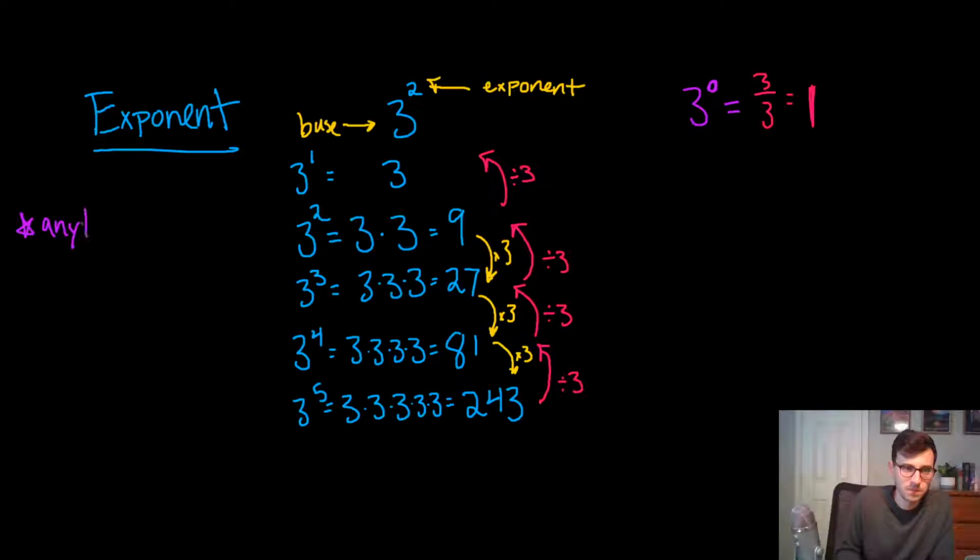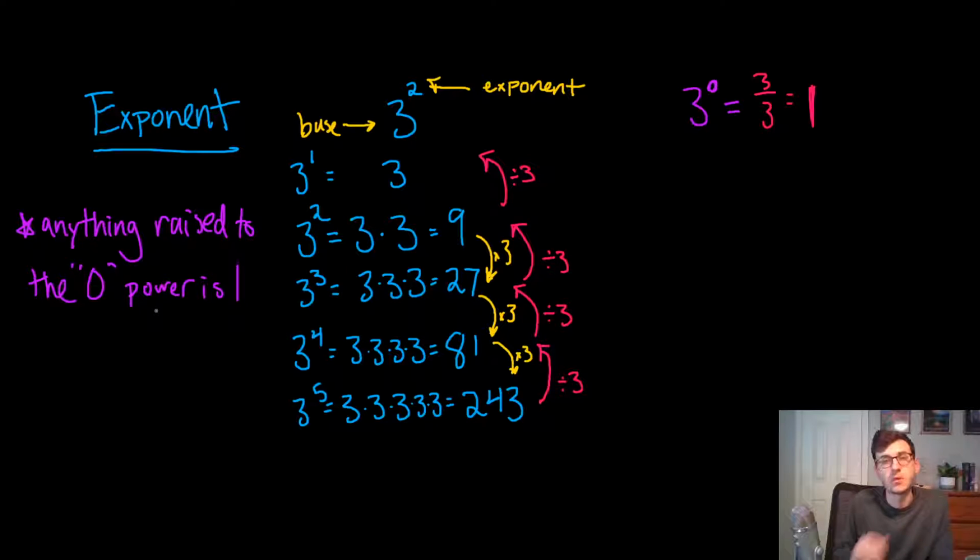Anything raised to the 0 power is 1. No matter what it is, it's always going to be 1. And you should try that out for yourself. Try with 2 or 4. Make some of these charts, make some of these patterns, and see what happens.